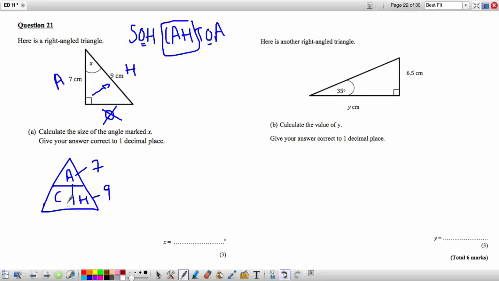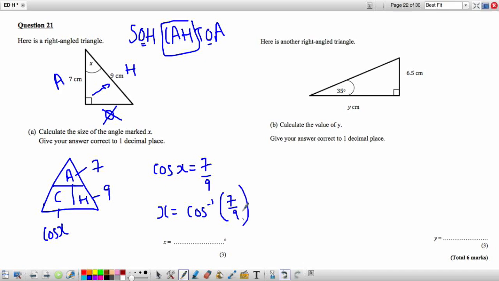To find our angle, our cos x, we're going to use the inverse function. So here we have cos x equals 7 over 9. So x equals cos to the negative 1 bracket 7 divided by 9. Correct to 1 decimal place is 38.9.